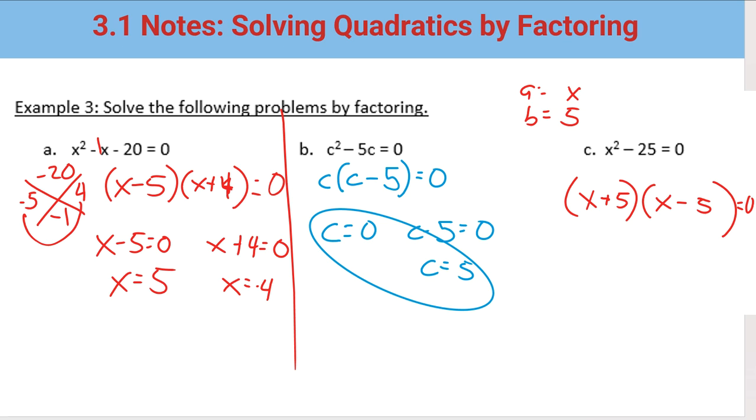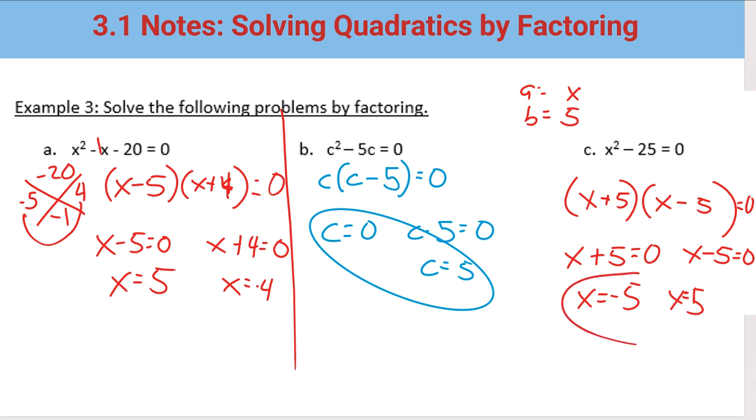So then I can say x plus 5 equals 0, or x minus 5 equals 0. And then I work to solve those out, right? So I solve this little equation, and I solve this little equation. So I know x is equal to plus or minus 5.